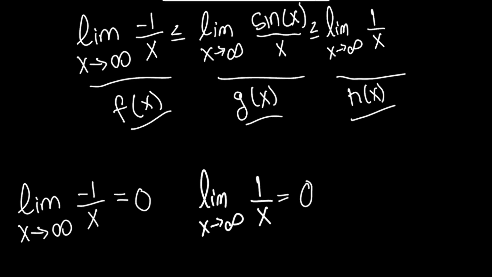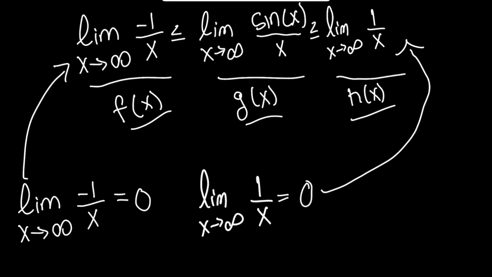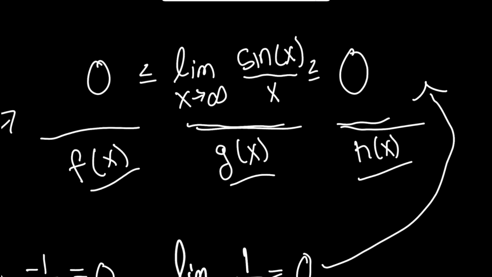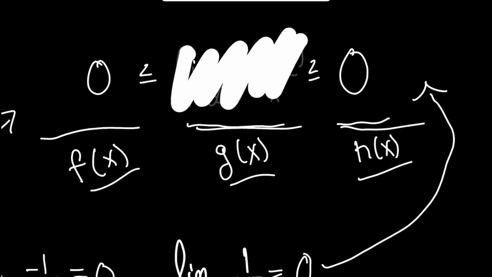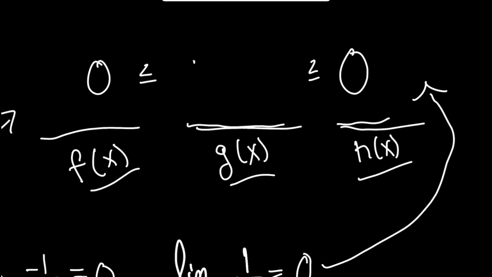All right, now we sub in what we know about the limit of -1 over x and 1 over x as they approach infinity. What we're going to get is 0 is less than or equal to the limit as x goes to infinity of sine of x over x, which is less than or equal to 0. This means that the limit as x goes to infinity of sine of x over x must also equal 0.